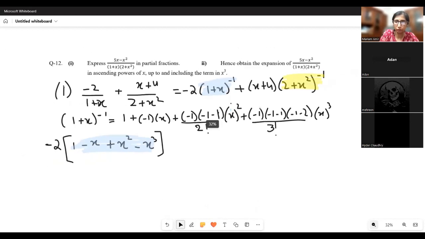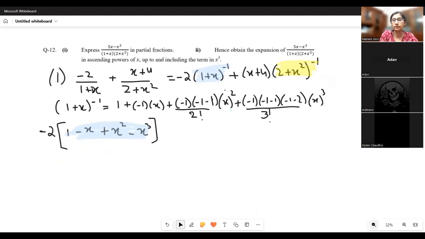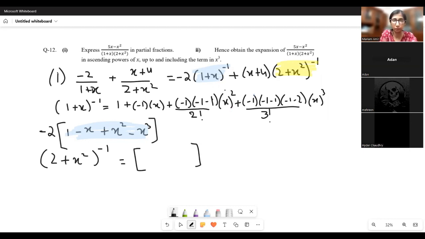I am going to expand 2 plus x squared power minus 1. The first term has to be 1 first. So big brackets power minus 1, 2 comes out, and we get 1 plus x squared upon 2.